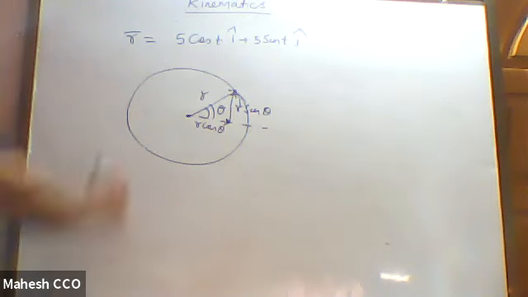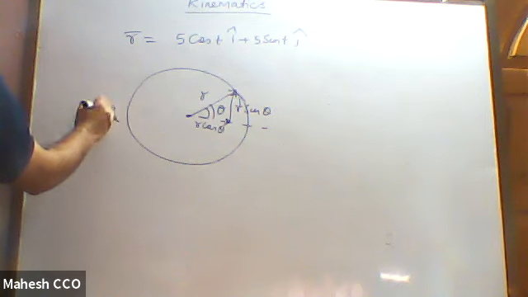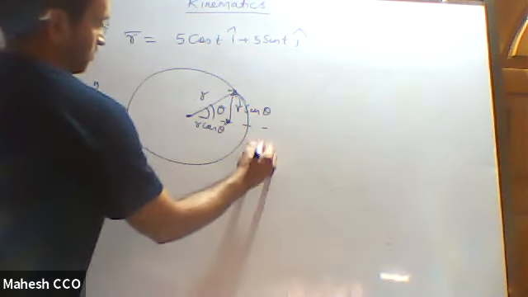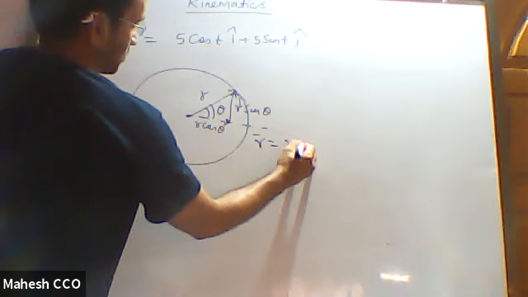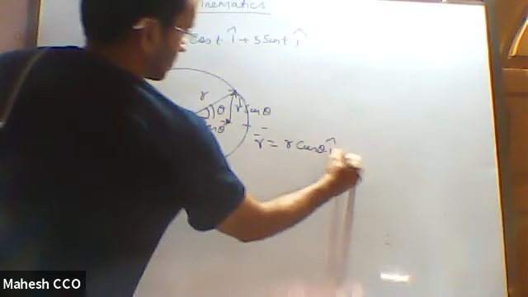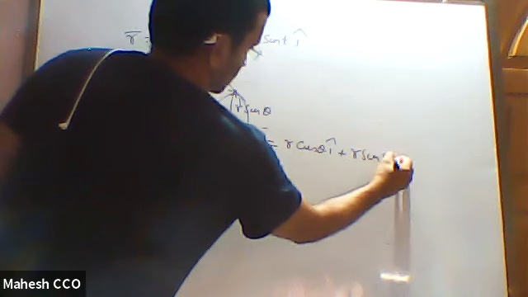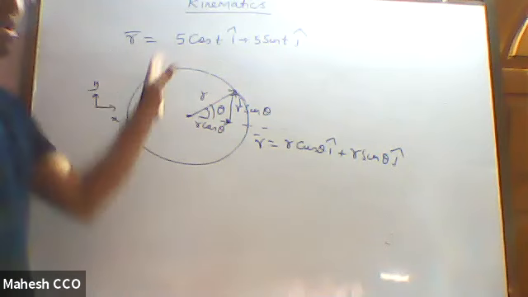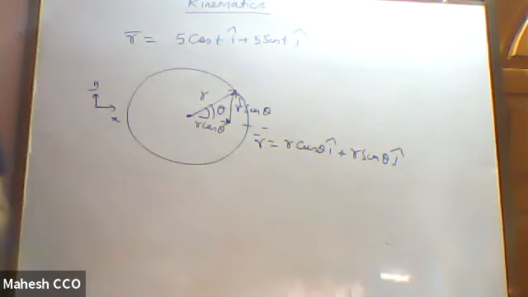And if I consider the xy directions as shown on the board now, we can easily understand that the position vector can be given by... Some of you might know, if the angular speed is omega, then the angle rotated by time t will be omega t.